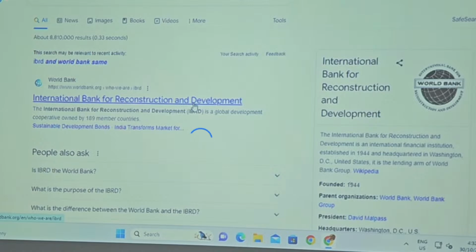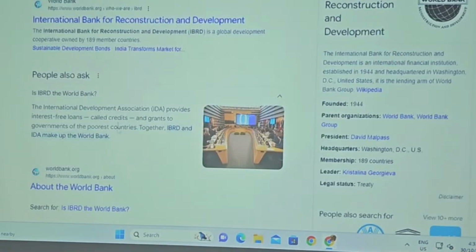Today, IBRD is a unit under the World Bank. Inside the World Bank there's IBRD, with 189 member countries. Together they make up the World Bank.